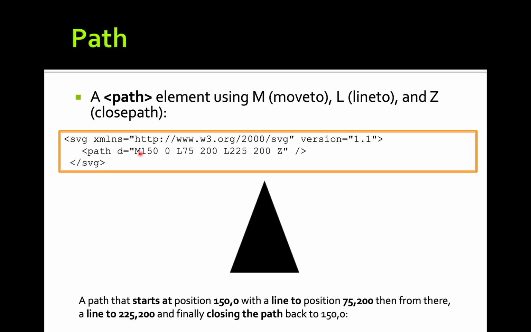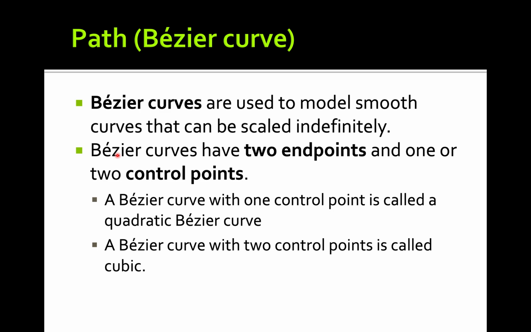So we go to the point 150, 0, draw a line between 150, 0 and 75, 200, and then draw a line again, because now we are at 75, 200, between this point and 225, 200. At the end we say this is a closed path, meaning we draw the line from the last point to the first point and make it a closed path. So that is one example of the path.